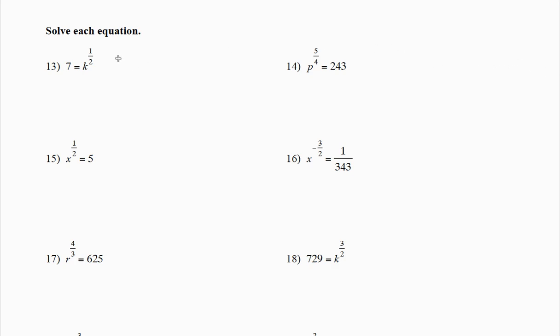if I were to want to get rid of this 1/2, the easiest way is to multiply by the inverse. Well, the inverse is the reciprocal. So I'm going to multiply this entire equation by the reciprocal of 1/2, which is 2 over 1.